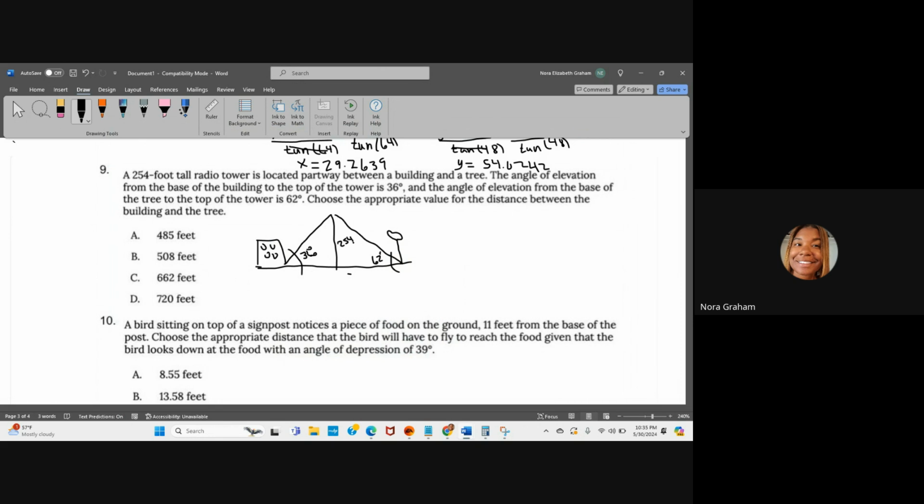Okay. So whenever we have something straight like that and it hits the ground, we can assume it's a 90-degree angle.